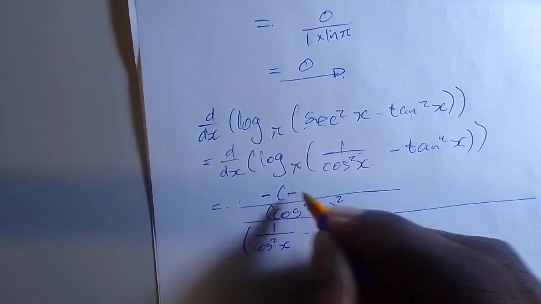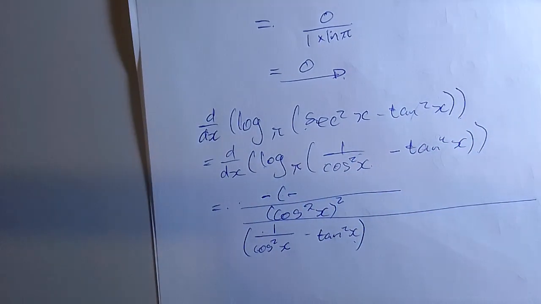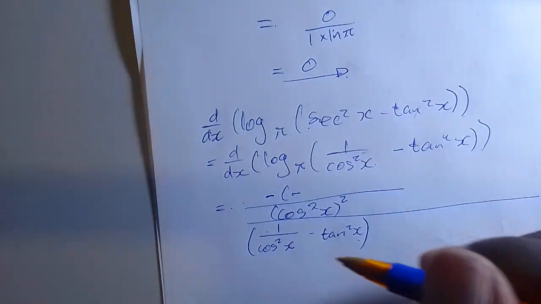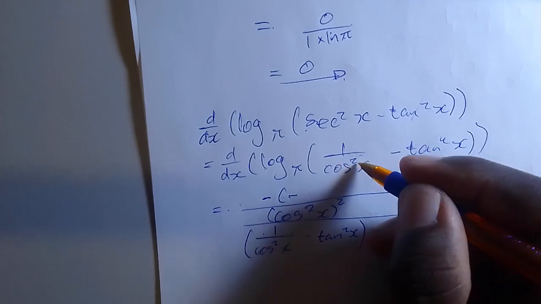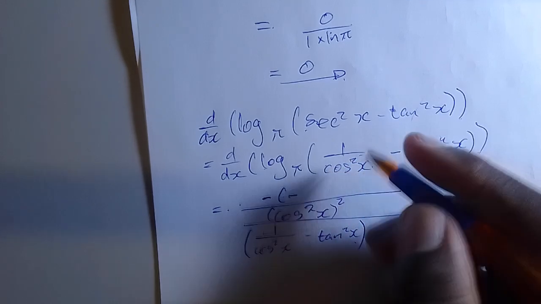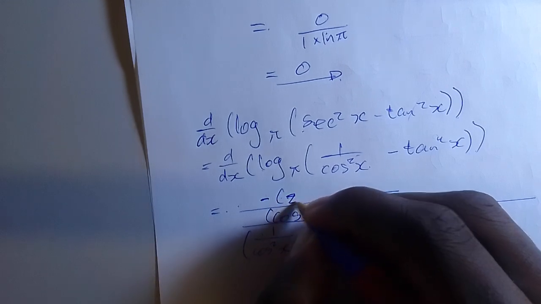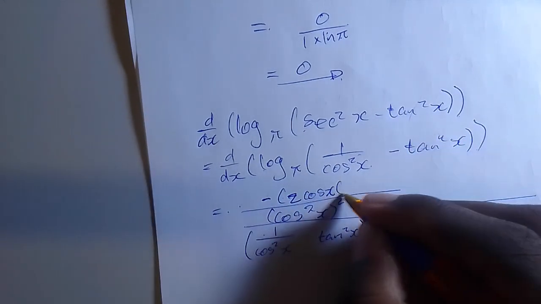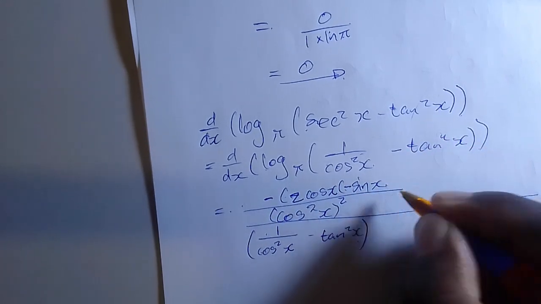It's negative. Okay, shoot. So to differentiate cos squared x, we use the chain rule. Differentiate the outside, which is something squared, so we get 2 cos x, and then differentiate the inside, which is negative sine x.